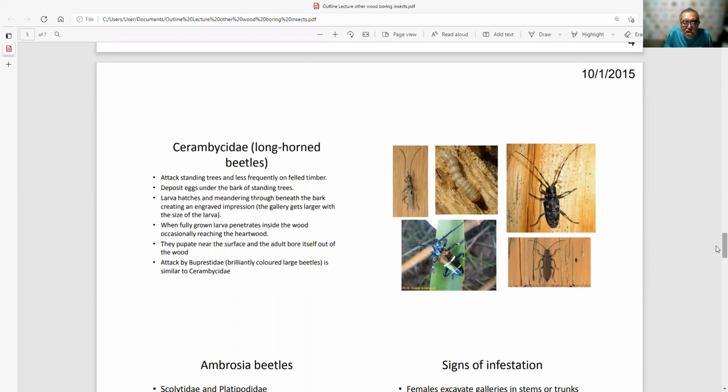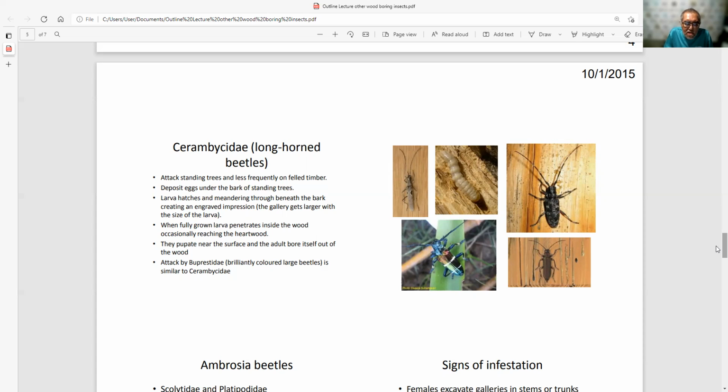They deposit eggs under the bark of standing trees. Larva hatches and meanders beneath the bark, creating an engraved impression. So instead of boring through the hardwood, they lay their eggs at the surface, under the bark, di bawah lapisan kulit kayu.